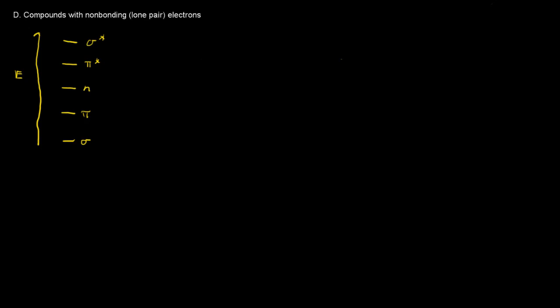And those are from the n non-bonding orbitals that contain the lone pair electrons to either a sigma star antibonding orbital or a pi star antibonding orbital. And both of these, in some cases at least, can be observed in the UV visible spectrum. I'm going to give one quick example of that, and that is for the n to pi star transition for the compound 4-methylpent-3-en-2-one, which has this structure. And again, we'll observe the n to pi star transition.